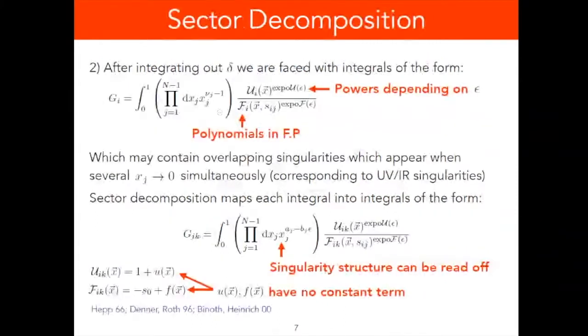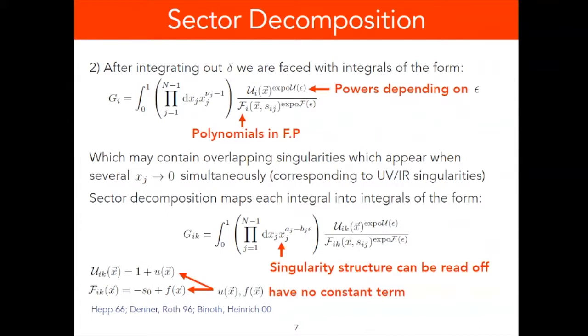So we have an integral of this form. And this is where our method differs a little bit from what we were shown earlier. After we integrate out the delta, we're faced with functions of this form. We have these U and F polynomials with some powers that depend on the dimensional regulation parameter. And these polynomials can contain overlapping singularities, which appear when several of the Feynman parameters go to 0 simultaneously, which corresponds to UV or IR singularities.